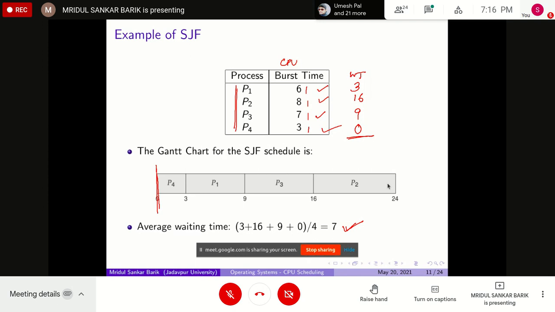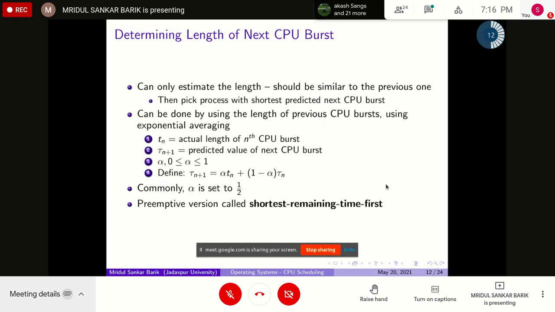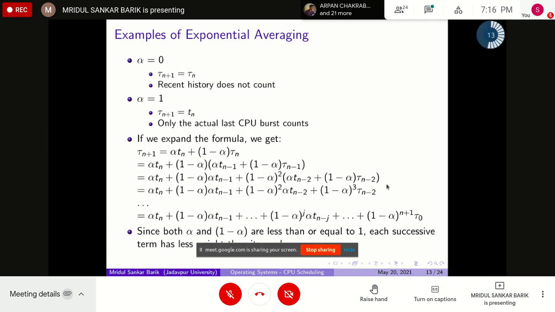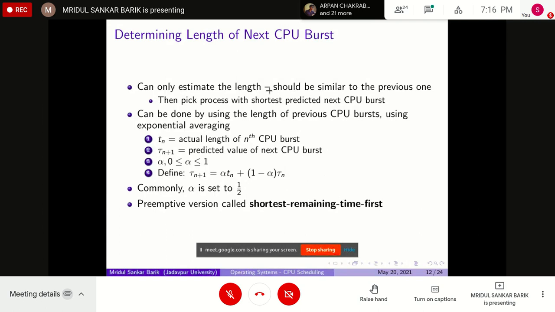Okay, so let's see how we can implement SJF. We cannot have exact information about the length of the next CPU burst.